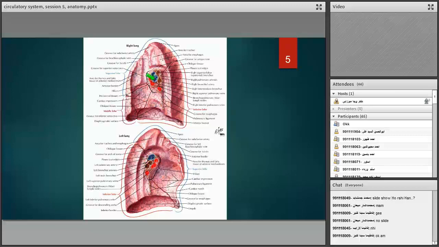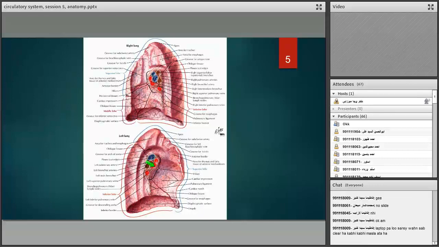These blue ones are the pulmonary arteries, the right pulmonary artery and left pulmonary artery, and the red ones are the pulmonary veins. Here we have the root of each lung.